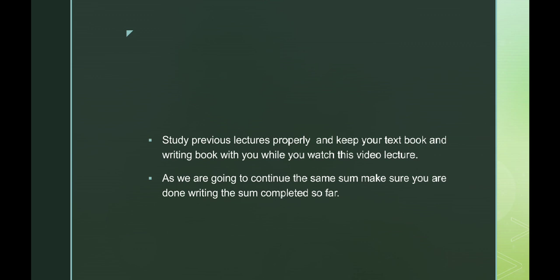That means you should have prepared the format of the journal and the necessary ledger accounts, and in the last lecture we have understood all the adjustments. I have explained all the adjustments. Overall there are 6 adjustments given in your textbook if you look at page number 228.